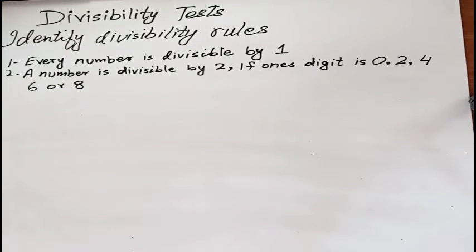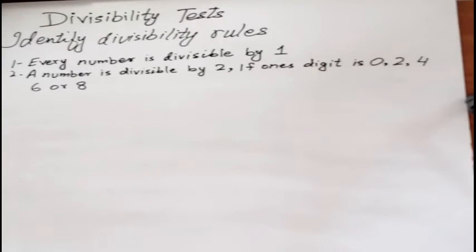If the numbers are 0, 2, 4, 6 or 8, then it is divisible by 2. If the last number of the number ends on these numbers, then it is clear that this number is divisible by 2.